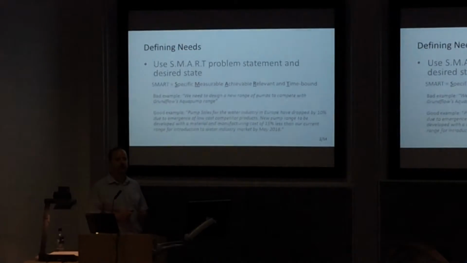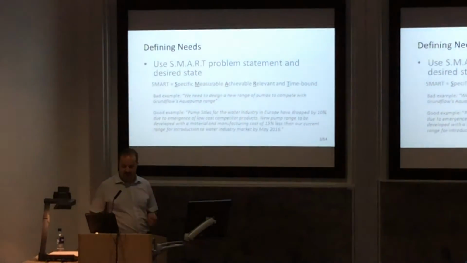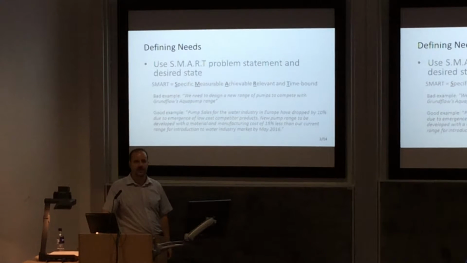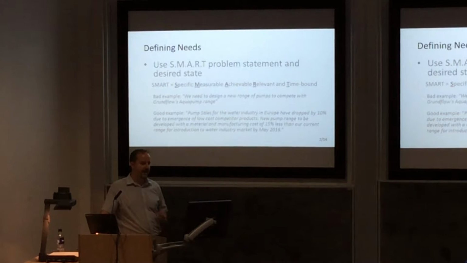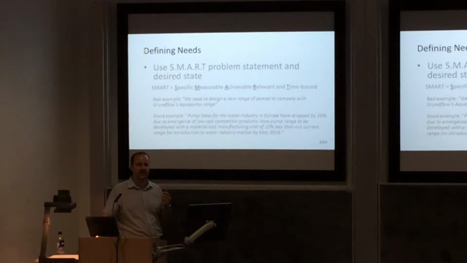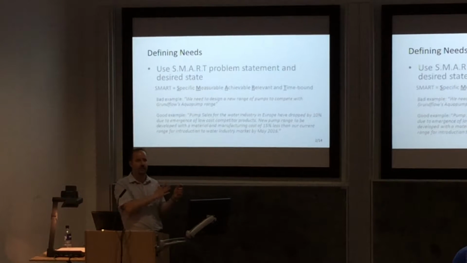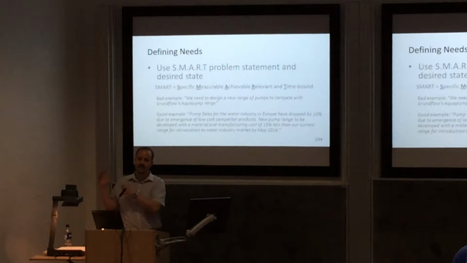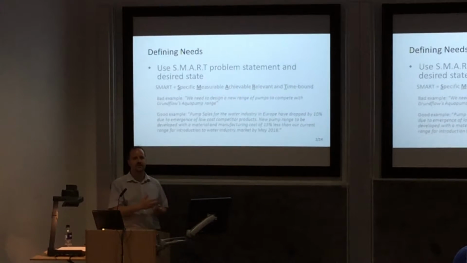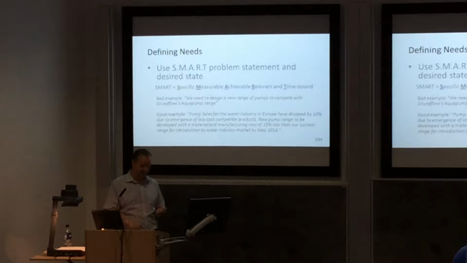The first tool that I would talk about is defining a customer's needs. There are too many examples of people who think, I can define the needs by looking at what's in the marketplace and then designing something to compete with it. That is not a good way of defining a customer's needs.